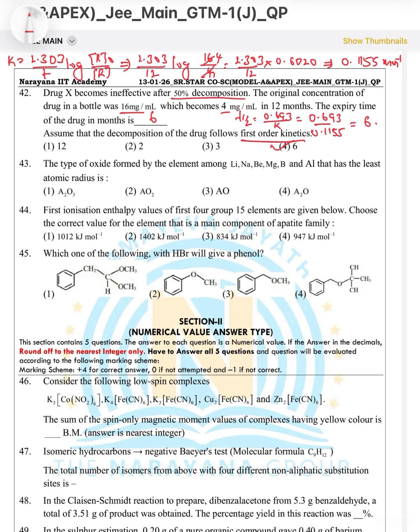Lithium, beryllium, boron belong to second period. Sodium, magnesium, aluminium belong to third period. So second period elements atomic radius is small compared to third period, and left to right decreases, so boron is having least. So boron is reacting with the oxygen forms B2O3.